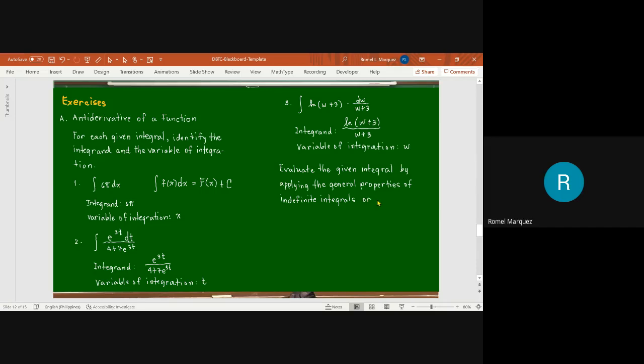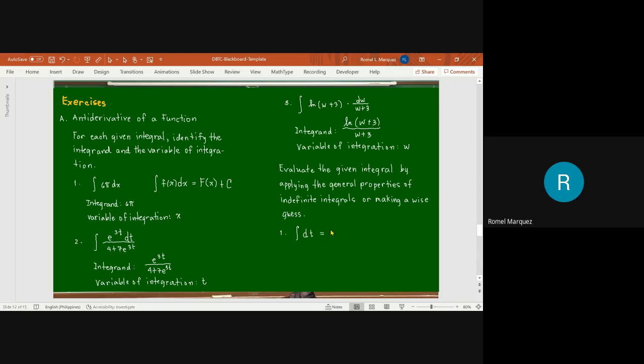Number 1. Let's say we're given the integral of differential of t. What do you think the answer to this is? What is that function when I take the derivative, it is equal to 1, but in terms of t, because the variable of integration is t?